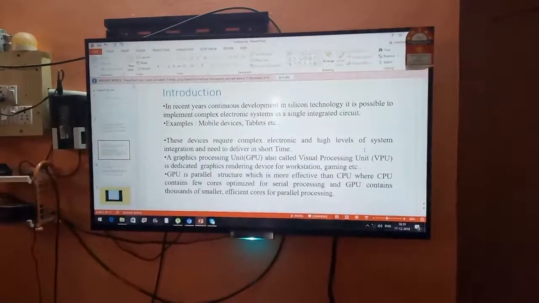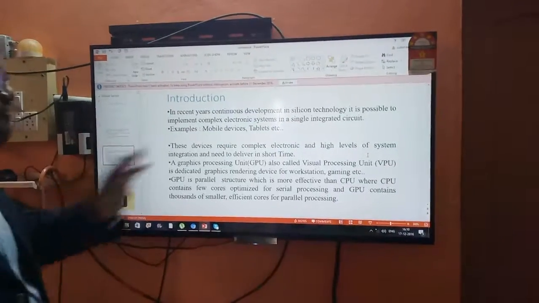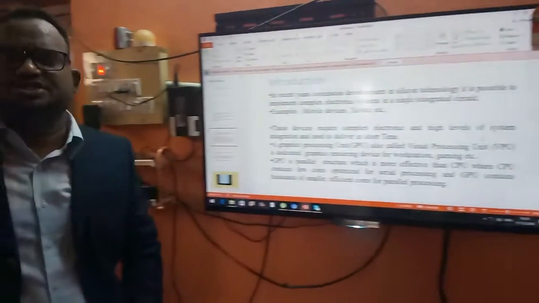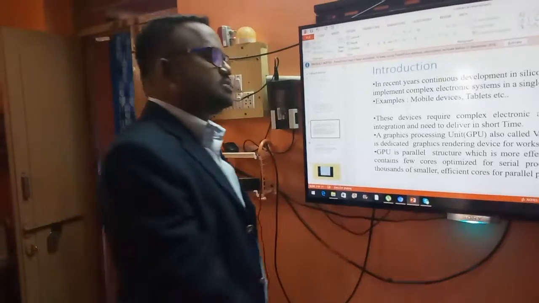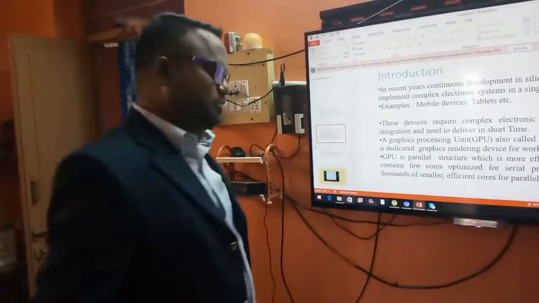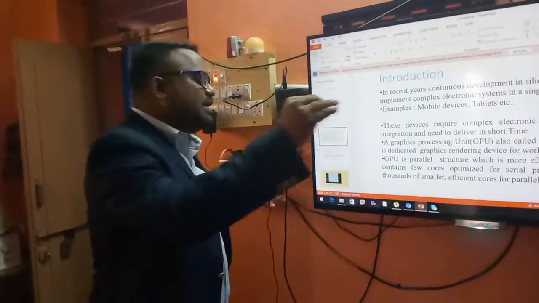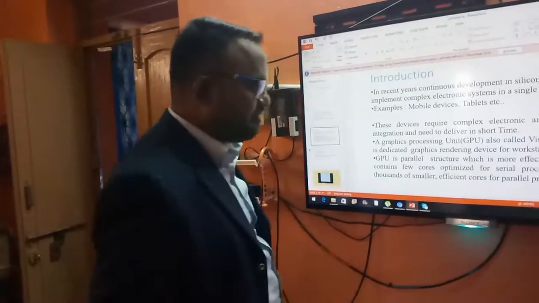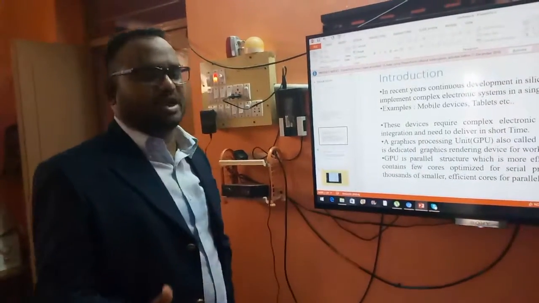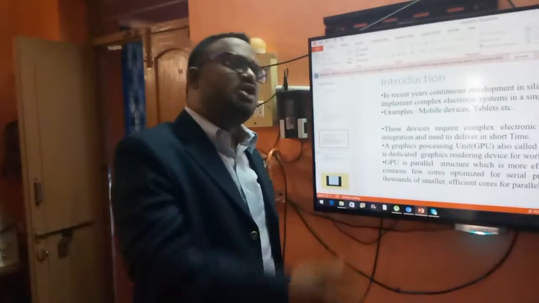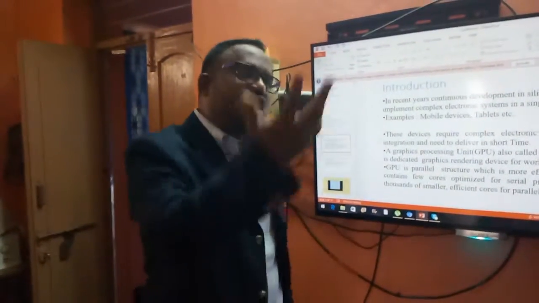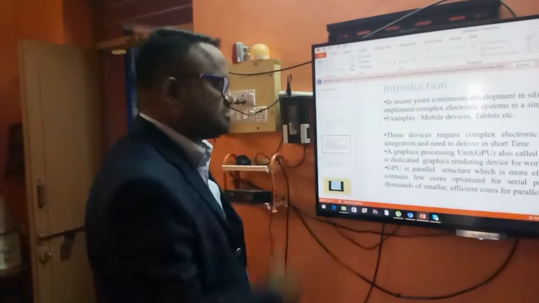Here the main component is the graphics processing unit, which is GPU, also called visual processing unit, a dedicated graphics rendering device for workstations and gaming. Nowadays everyone knows what graphics is. Graphics means 3D animations which show reality.